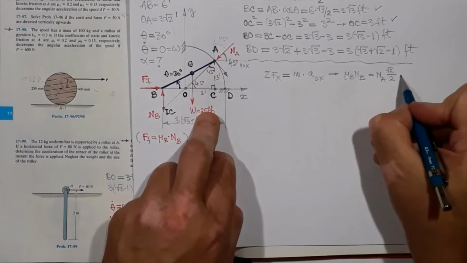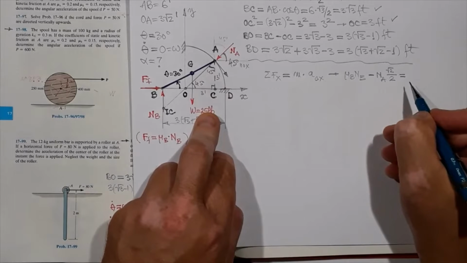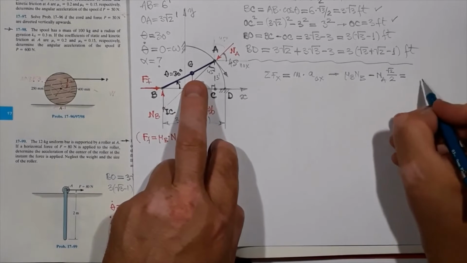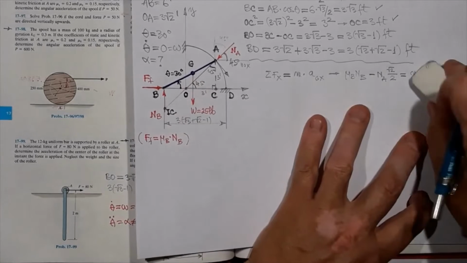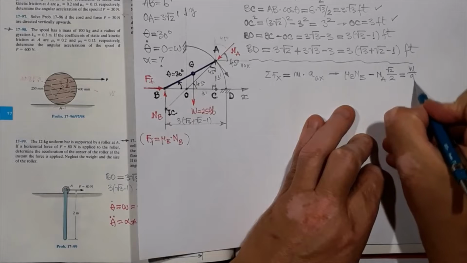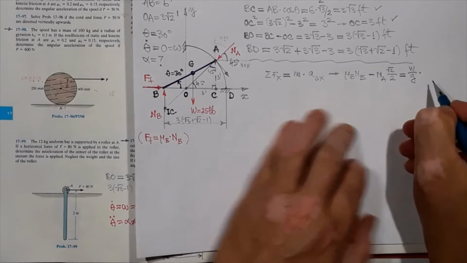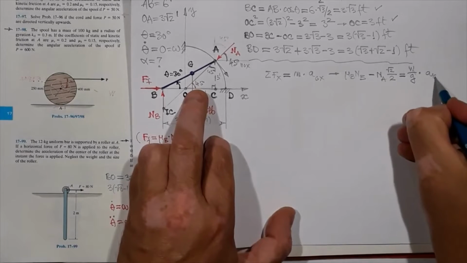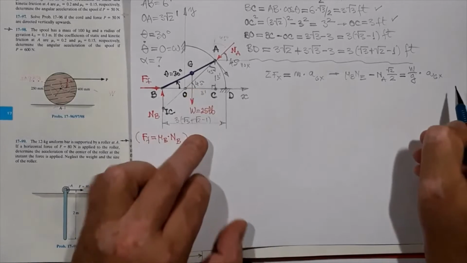This equals the mass of the rod, that's W over g, acceleration due to gravity, times the acceleration of the center of mass in the X direction.